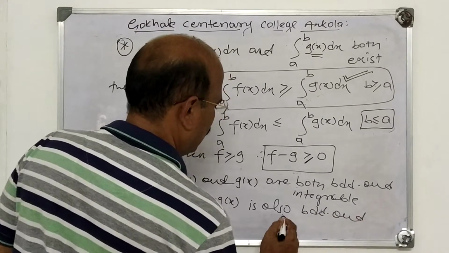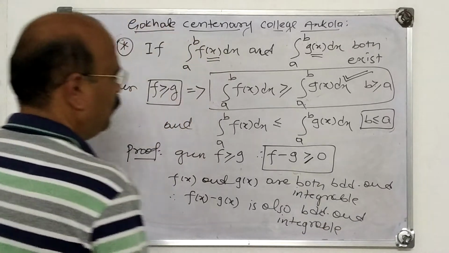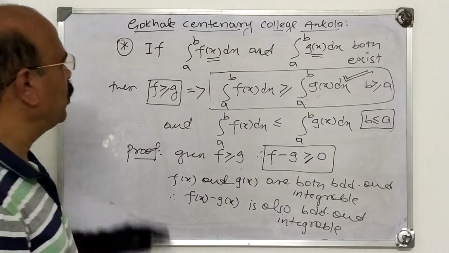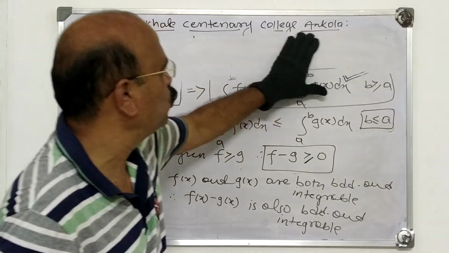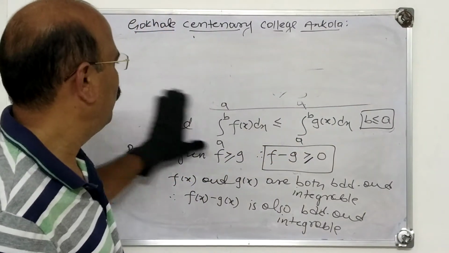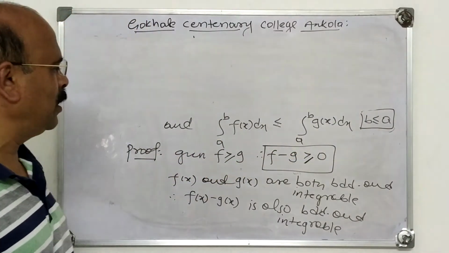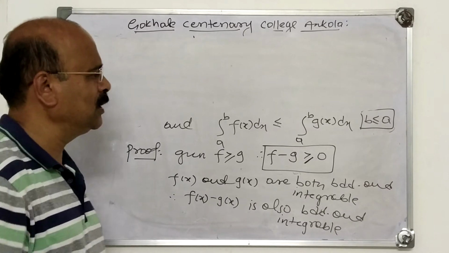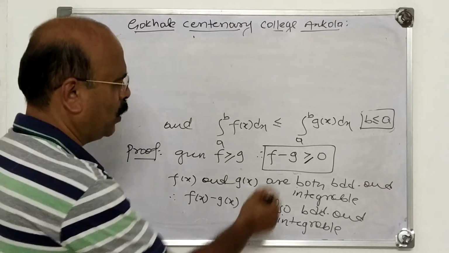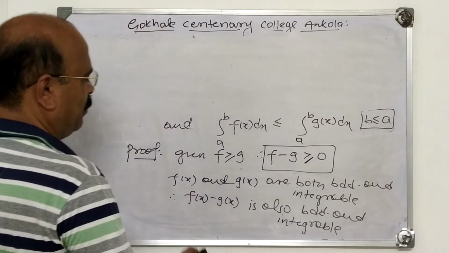Which result is used there? Algebra of integrable functions. If f and g are two functions such that both are bounded and integrable, then f plus g is integrable, f minus g is integrable, f into g is integrable, f by g is integrable. We have proved this one. So f minus g is bounded and integrable.